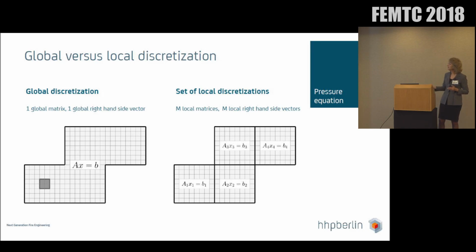And then we end up with a set of local smaller matrices. And now the crucial question is: is it really the same if we do it on one global grid or if we couple a collection of local solutions? Do we really have the same quality of approximation?